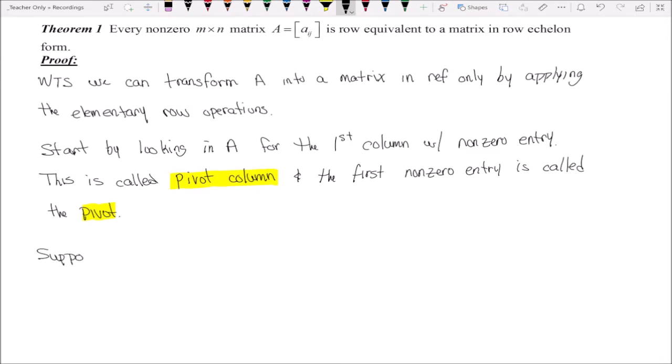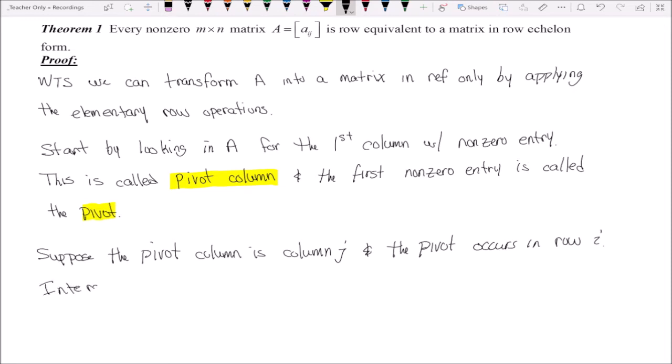Let's suppose that the pivot column is column J, and the pivot occurs in row I. What we will do is interchange rows 1 and I if necessary.